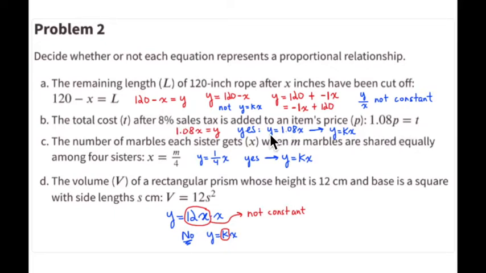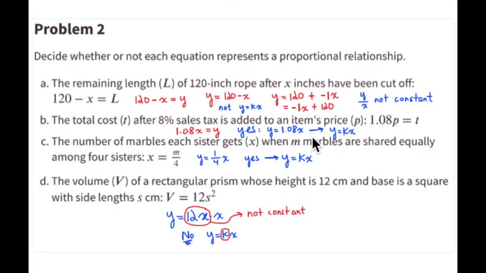And so you can get into that form. I'm going to change t to y and p to x. And so y equals 1 and 8/100ths times x. So yes, 1 and 8/100ths times x is in the form of y equals kx.